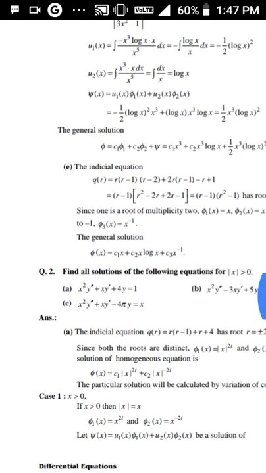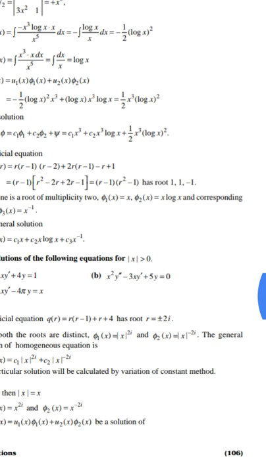The general solution is phi of x equal to c1 x plus c2 x log x plus c3 x raised to minus 1. Find all solutions of the following equation for modulus of x greater than 0.